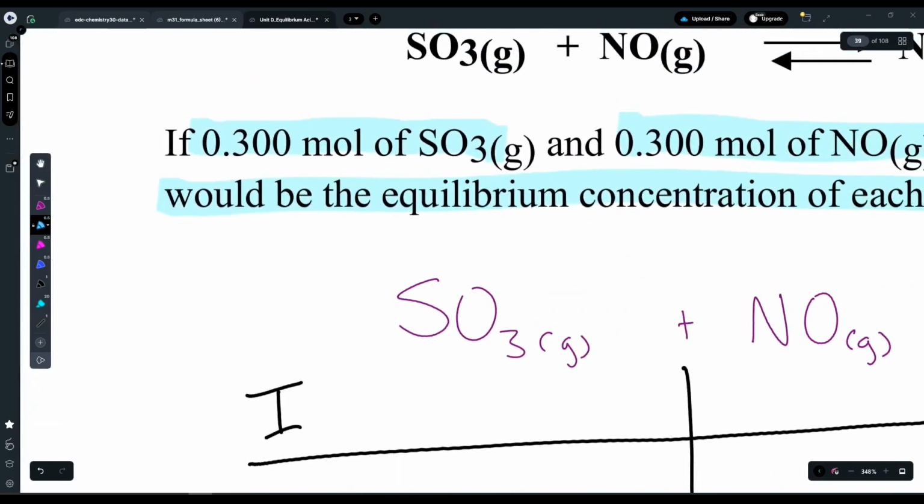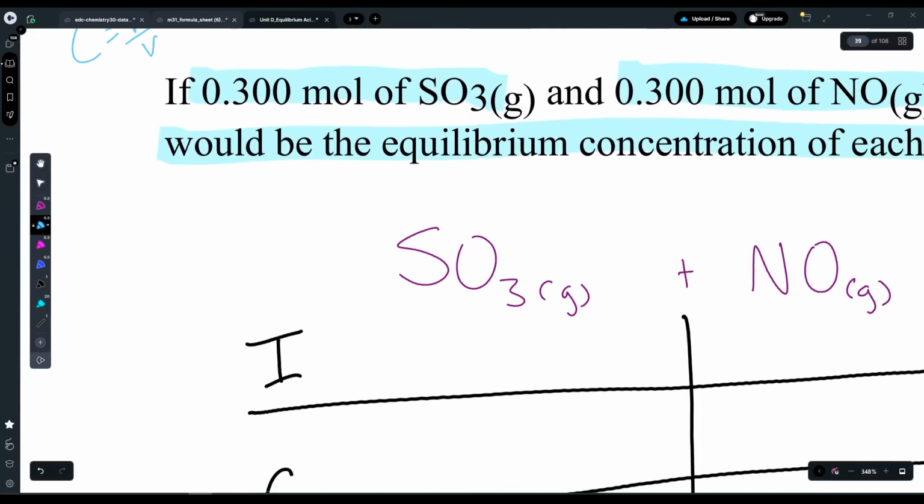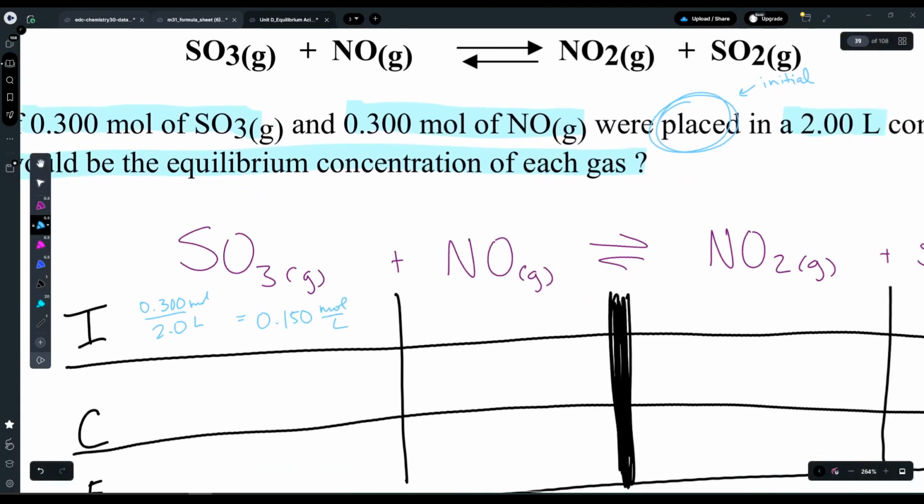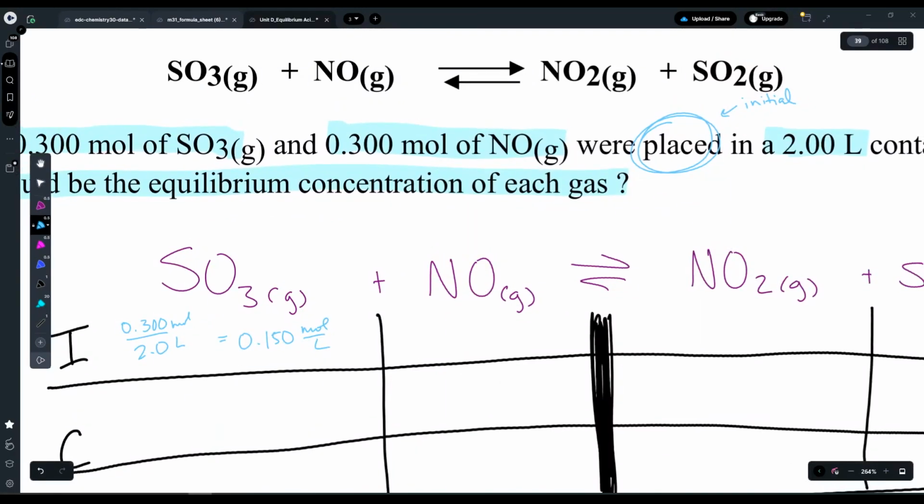Remember that concentration is equal to moles divided by volume. So 0.3 moles divided by 2 liters gives us 0.150 mole per liter. Same thing with nitrogen monoxide.